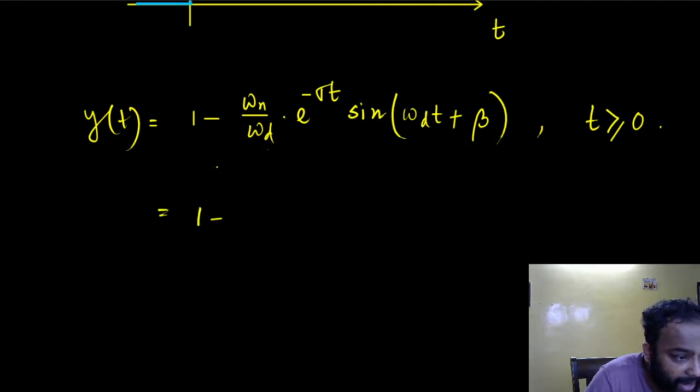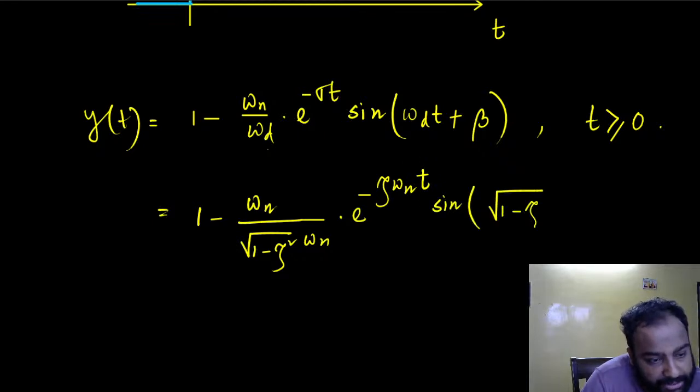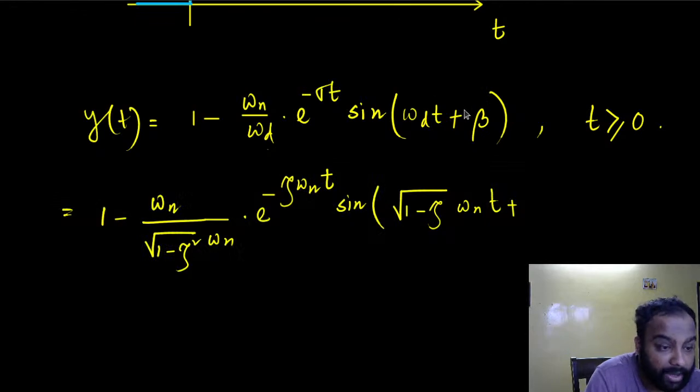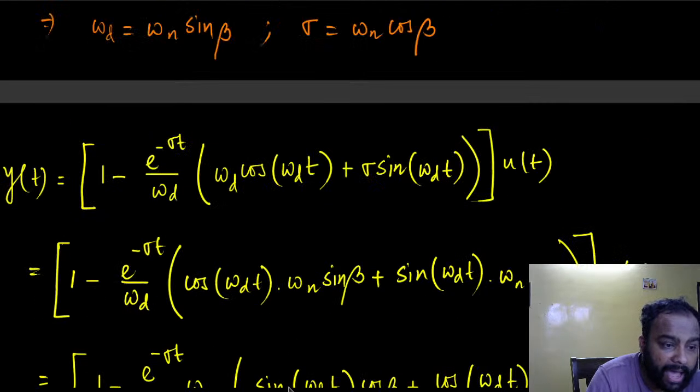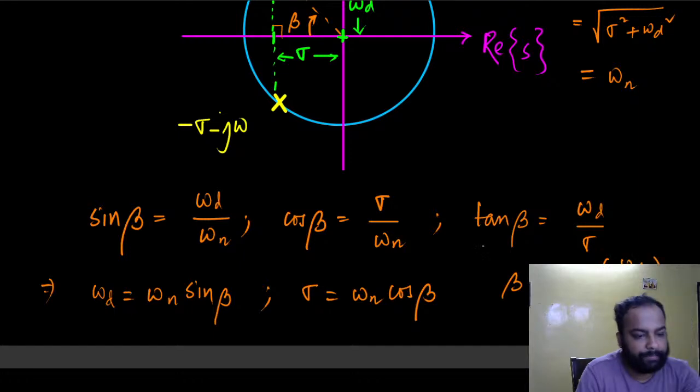So this is 1 minus omega n divided by root over 1 minus zeta square omega n, that's your omega d, e to the power minus sigma, where sigma is zeta omega n, so e to the power minus zeta omega n t, then sine of omega d, which is root over 1 minus zeta square omega n t, and plus, in place of beta, I'm going to write beta to be equal to tan inverse omega d by sigma.